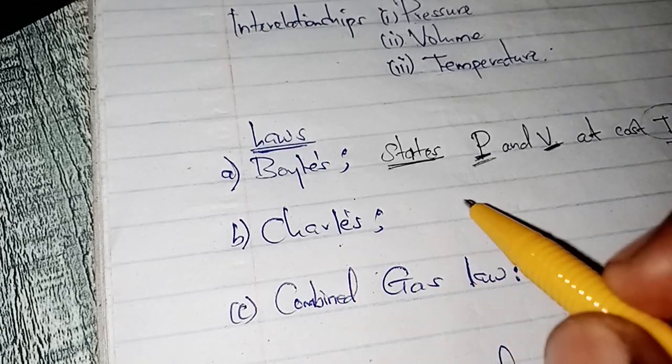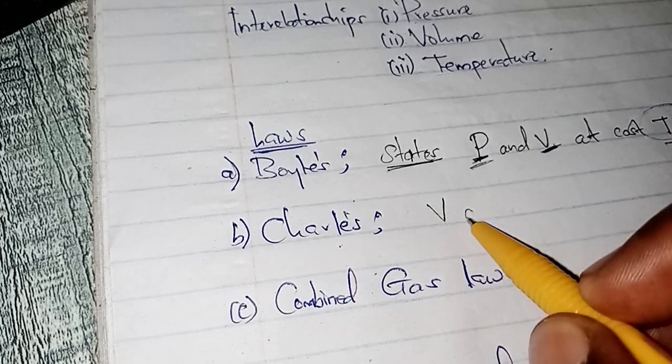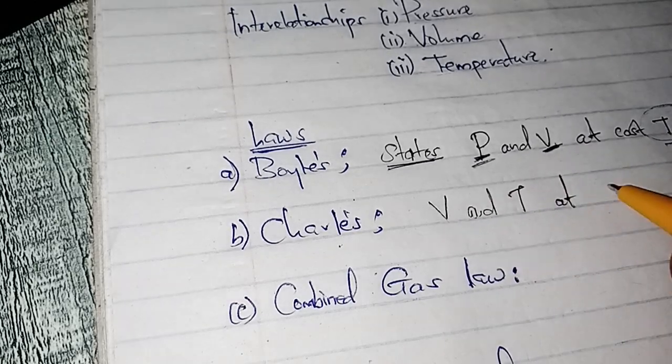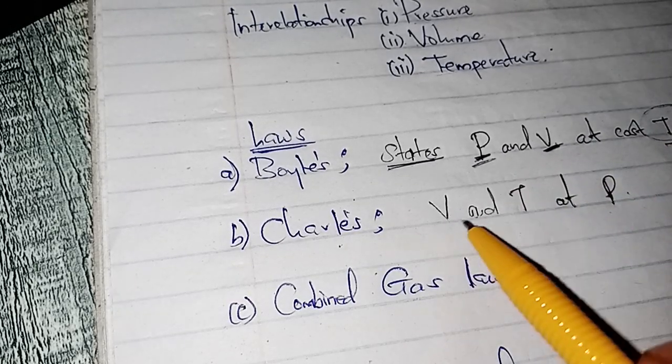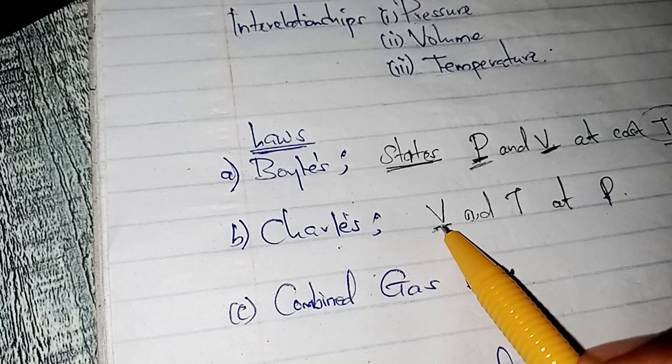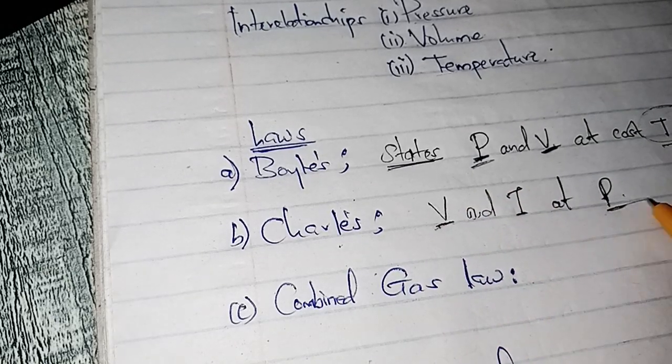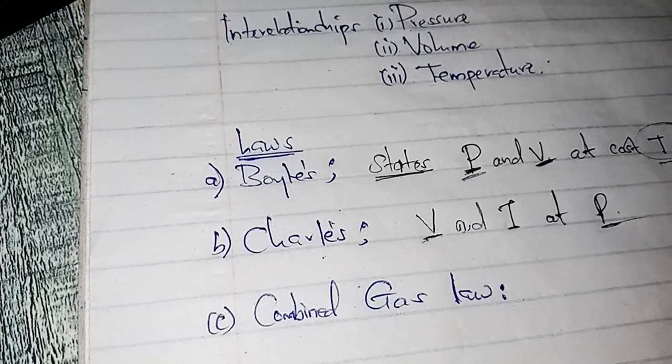Charles' law deals with volume and temperature at constant pressure. The volume of a fixed mass of a gas is directly proportional to its temperature at constant pressure.